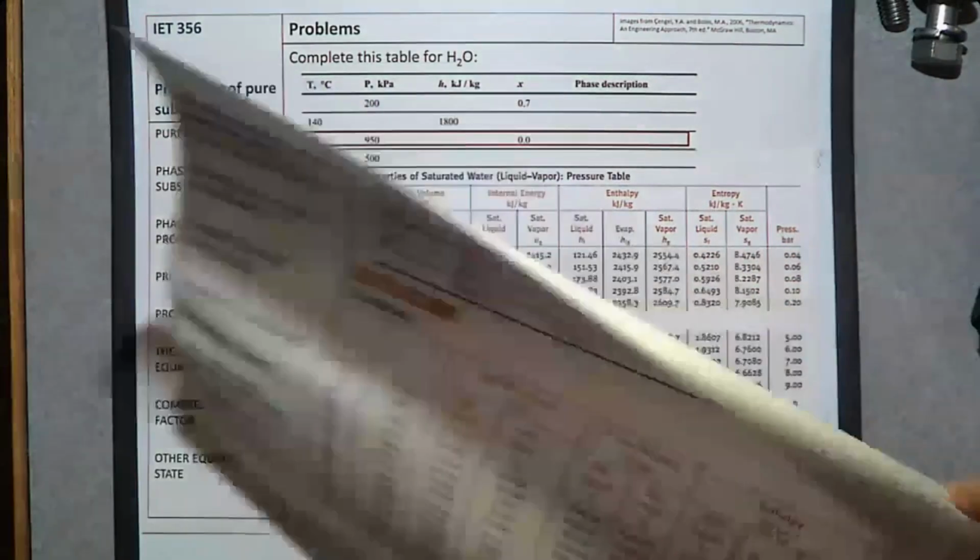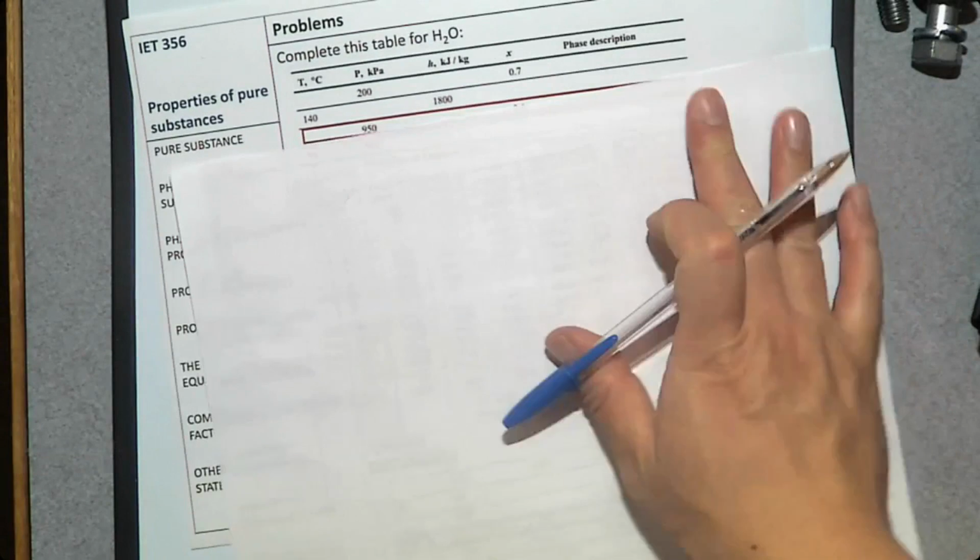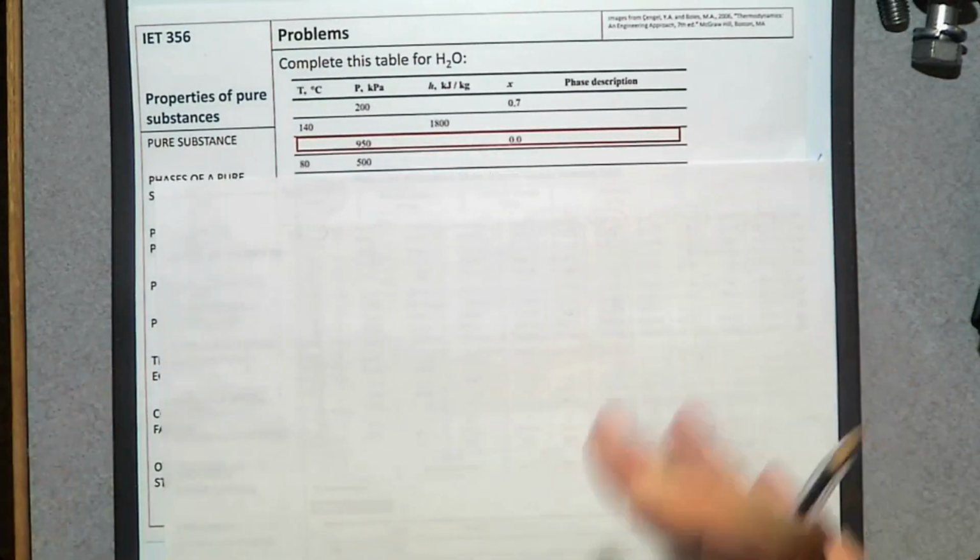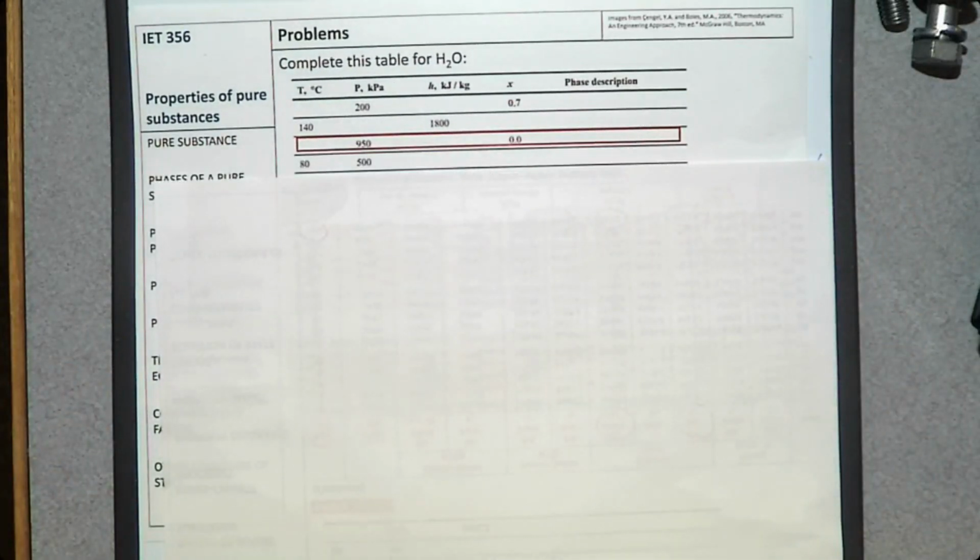So this time we have pressure and quality X, right? So this time we have a pressure of 950 kilopascal and quality X. And the quality X is 0.